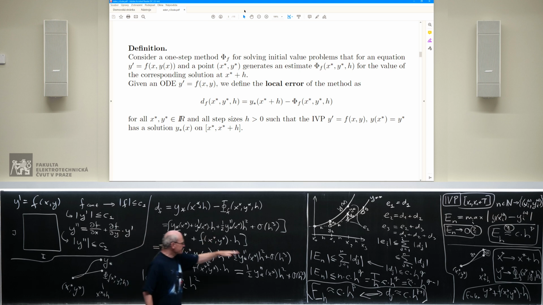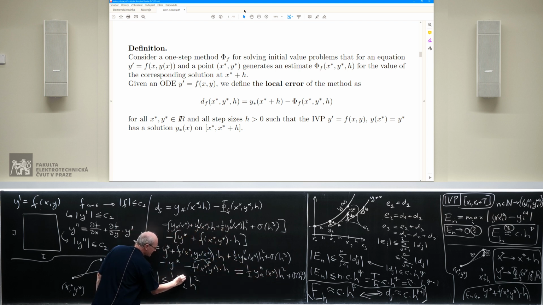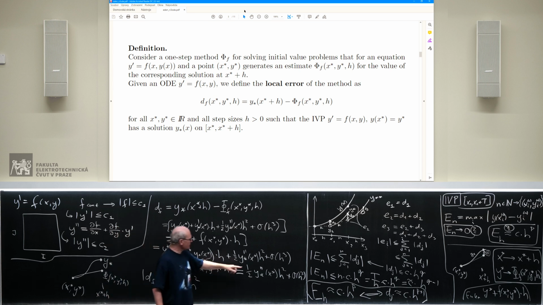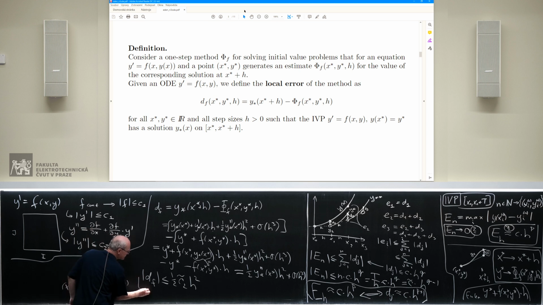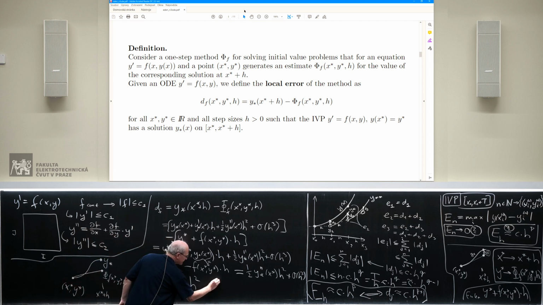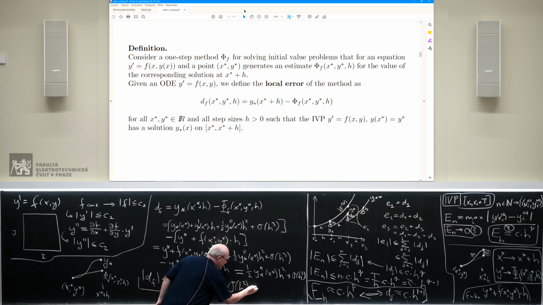The o h cubed term, this can be incorporated with a little bit of care. If I increase this constant a little bit, then it will also incorporate this o h cubed term. Okay? I don't want to go into too many details. This is the main message that we want to see. Or if you want, the f is o h squared, which is o h to 1 plus 1.